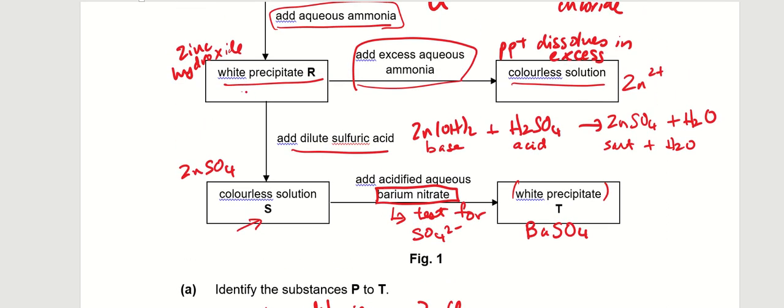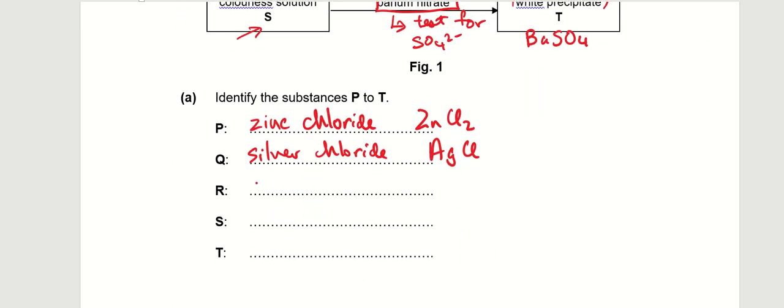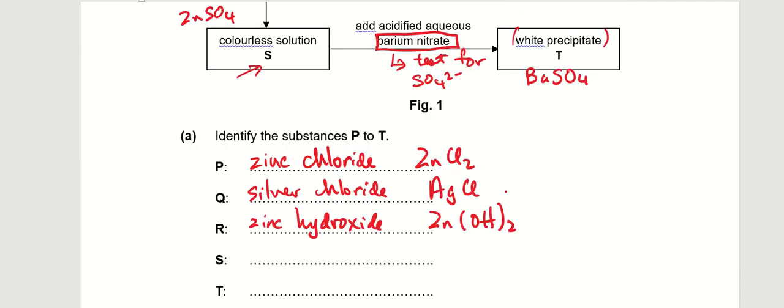Okay, what was R? R was the white precipitate after we added aqueous ammonia, and that will be zinc hydroxide. Formula being Zn(OH)2. Okay, colorless solution S we have identified as zinc sulfate. Formula ZnSO4.